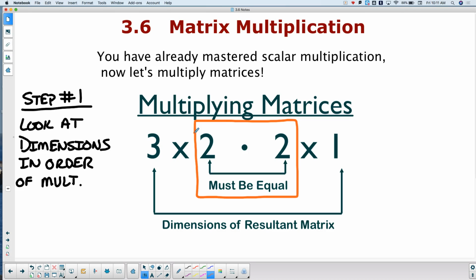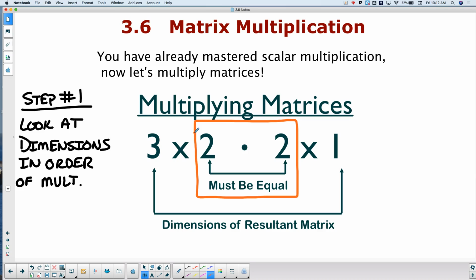You may think you can do it, you may try to do it, but it is not sound mathematics. So if those two middle numbers, the columns of the left matrix and the rows of the right matrix, are not equal, you cannot multiply them together, and you're done, because it is not possible.